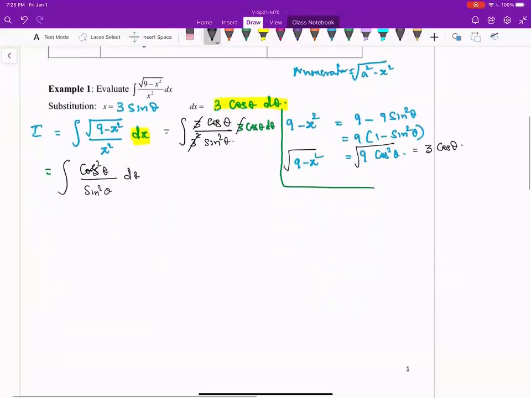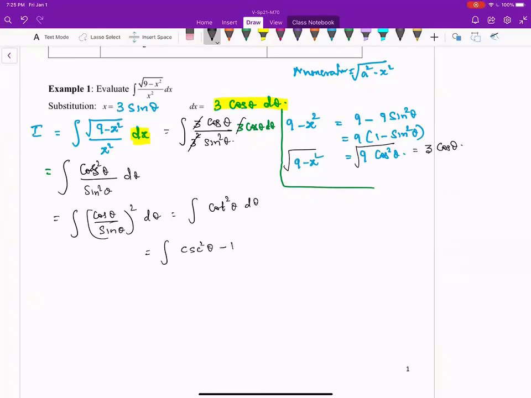So this is equal to cosine over sine squared d theta, which is cotangent square theta, which can be written as cosecant square theta minus 1 by the Pythagorean identity.